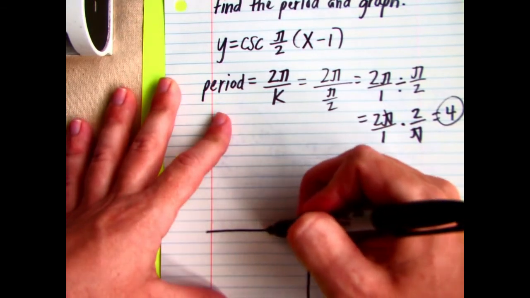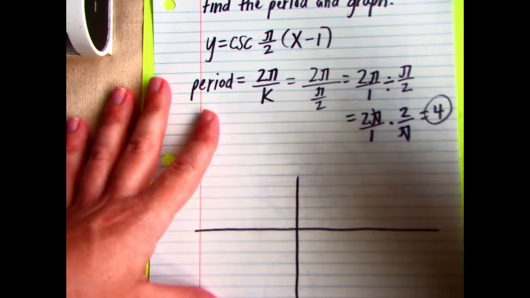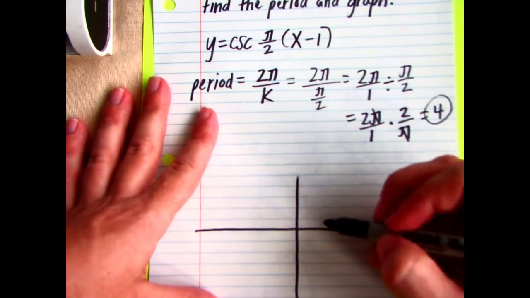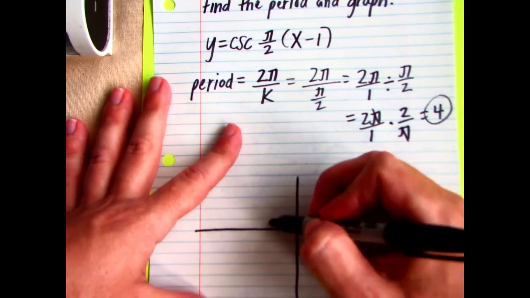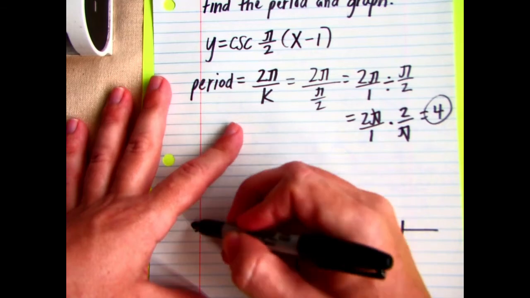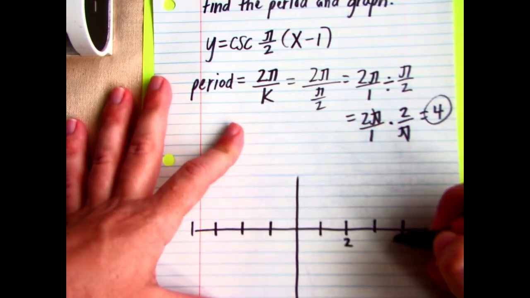Knowing that my period is basically a counting number, like 4, I'm not going to put pi on my x-axis. I'm going to put counting numbers on my x-axis, looking ahead to what my period is.